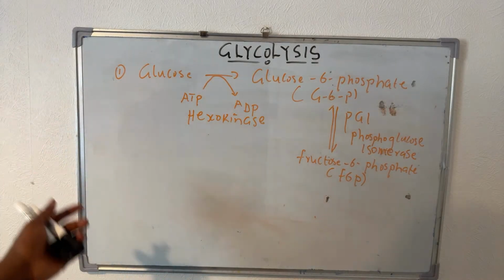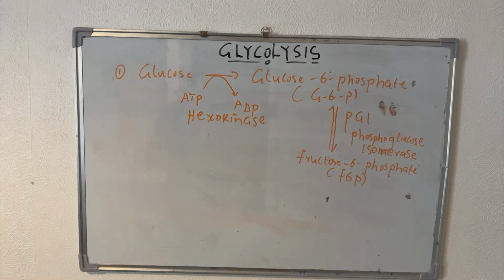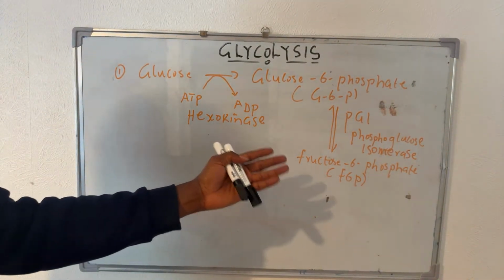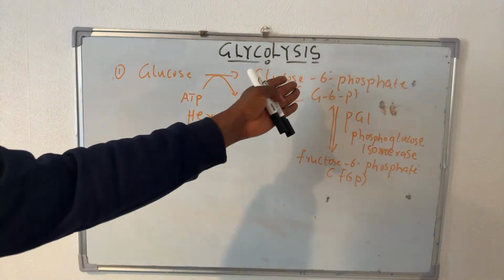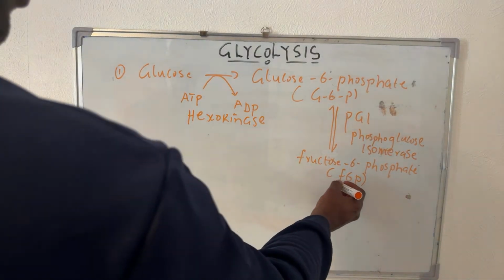It will go into another pathway, which we're going to look at: gluconeogenesis, glycogenolysis, glycogenesis, and so on and so forth. Okay, so fructose 6-phosphate is an isomer of glucose 6-phosphate.